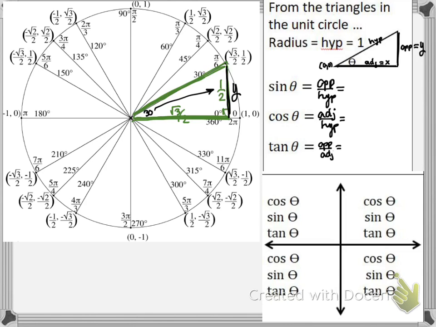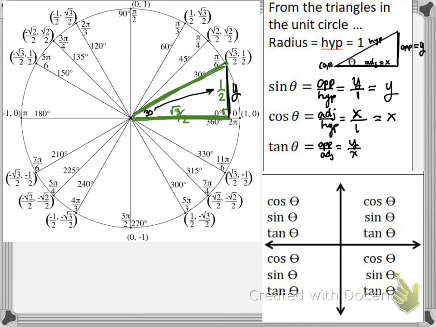So if I'm talking about the sine of an angle, I'm going to deal with the side that's opposite from that, which is y, over the hypotenuse, which is 1. Sine is just the y value. Cosine is the side adjacent to that, which will be my x, because it'll be the left and right line, over my hypotenuse, which is 1. It's just x. Tangent is my opposite over adjacent, my y over my x.